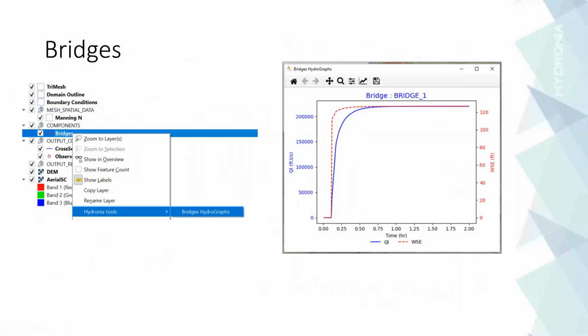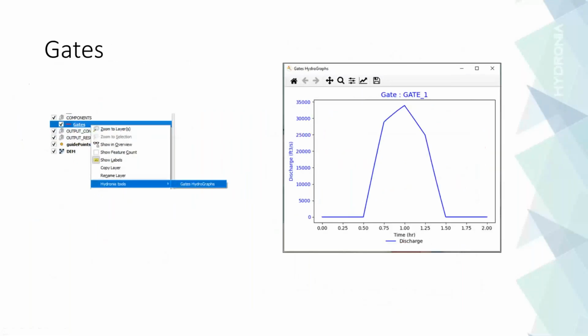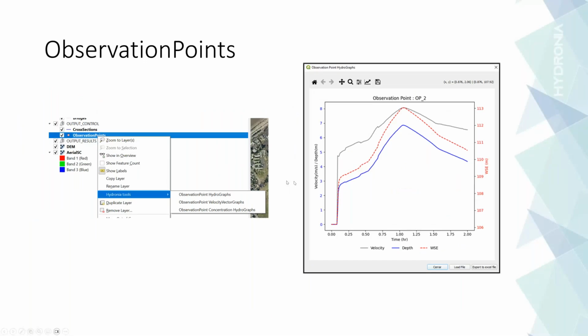I think I will jump to the observation points. There is a nice feature as well by which you can compare the output at the observation points that you have in the model, but also compare the output with measured data.